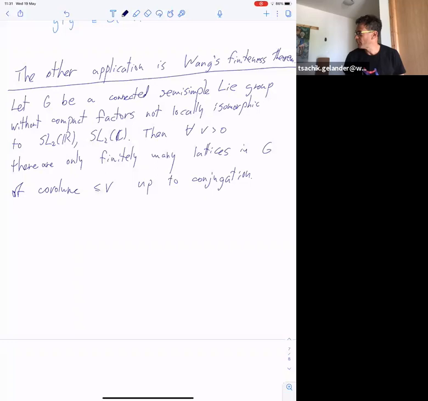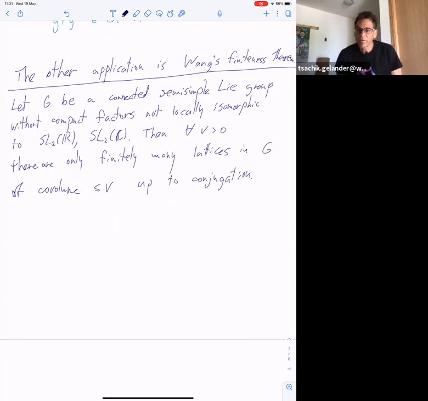But a more common way to show that something is finite without getting an effective version is by considering some topology and showing that, with respect to some topology, what you're looking at is at the same time discrete and compact.